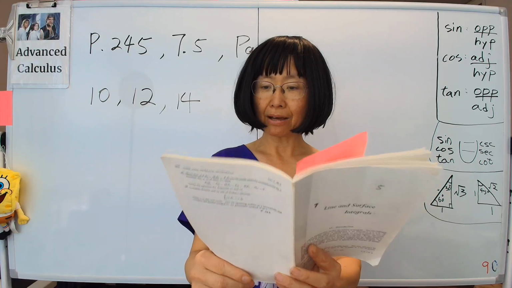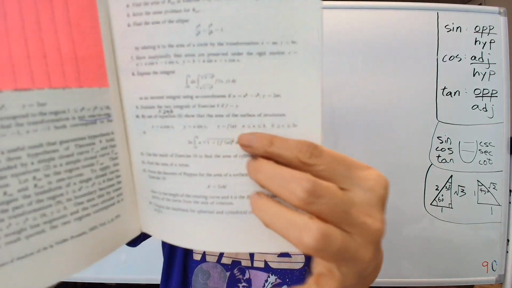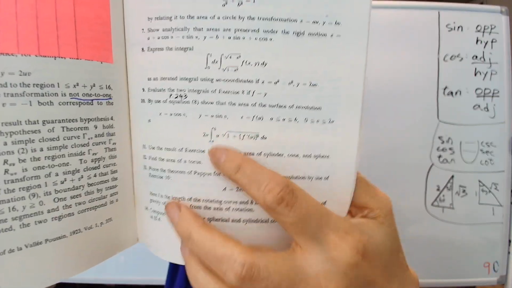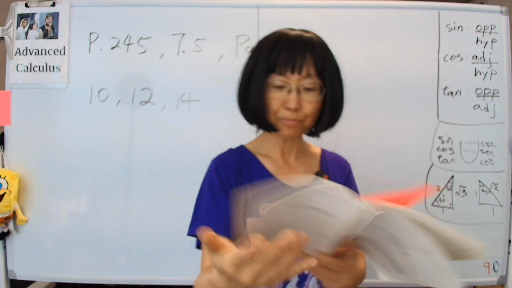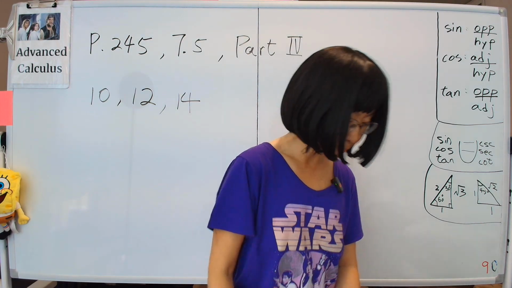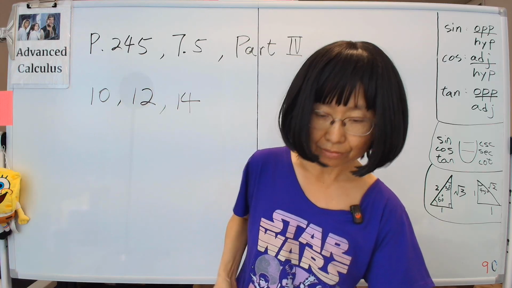Because v got integrated, v goes from 0 to 2 pi, and v is not in the integrand, we can take the 2 pi out, and that is our answer for problem 10. All right, so next, let's consider problem 12 and find the area of some torus.